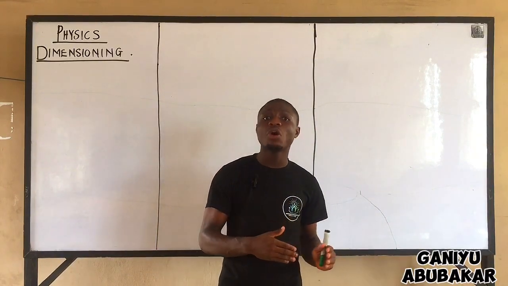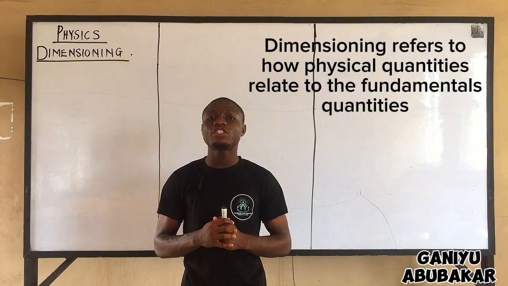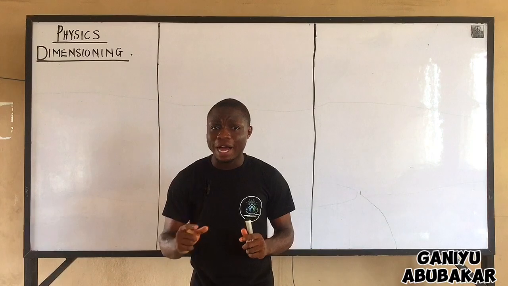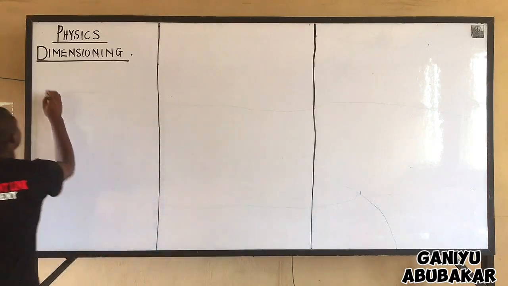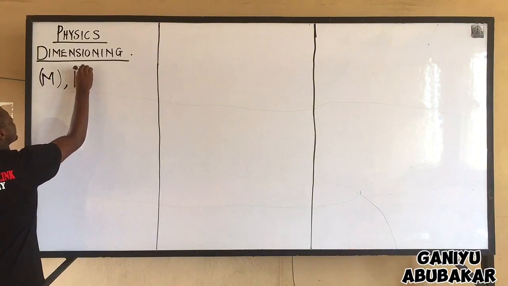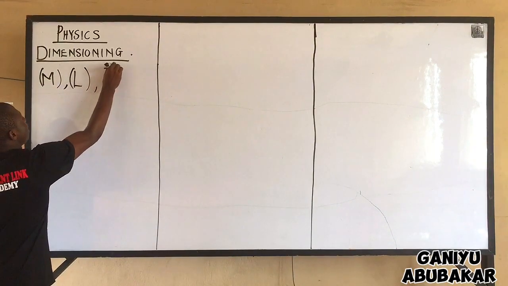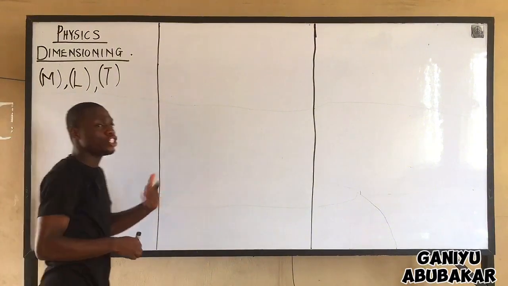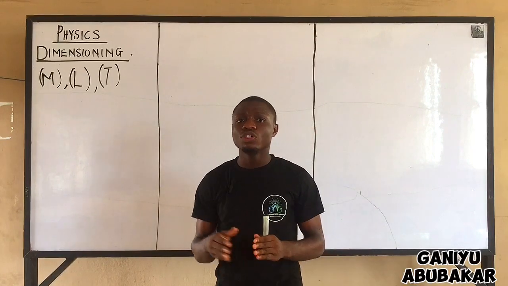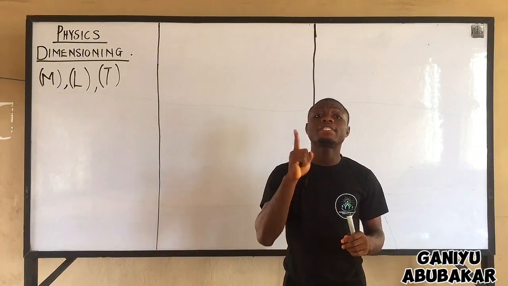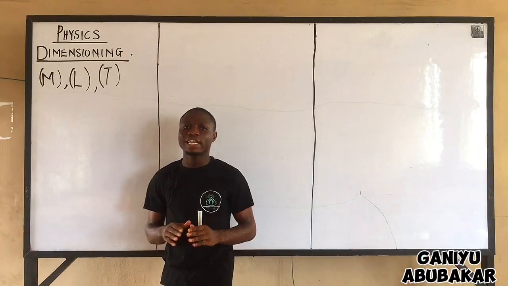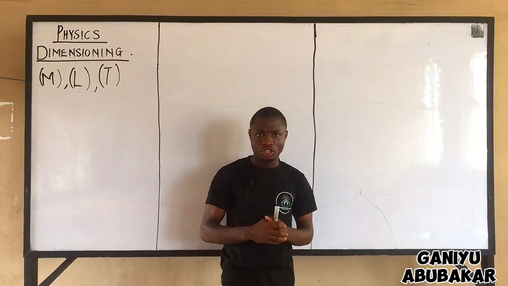Dimensioning refers to how physical quantities relate to the fundamental quantities, especially mass, capital M, length, capital L, and time, capital T. So I'm saying that dimensioning refers to how physical quantities relate to the fundamental quantities, especially mass, length, and time. That's the definition for dimensioning.